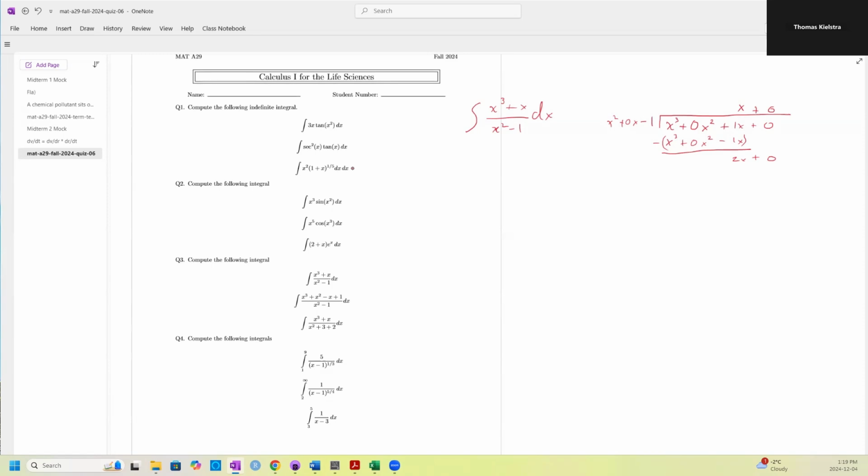And this polynomial, the power is less than the largest power on my divisor. This is my remainder. So this is my quotient, and this is my remainder. So this equals the integral of x plus 2x over x squared minus 1 dx.